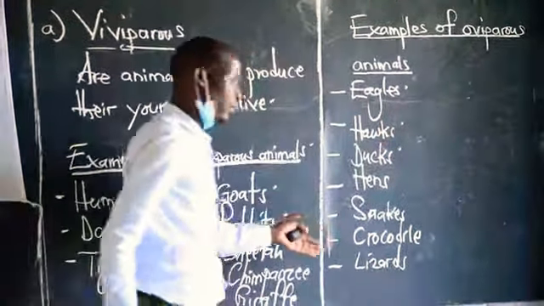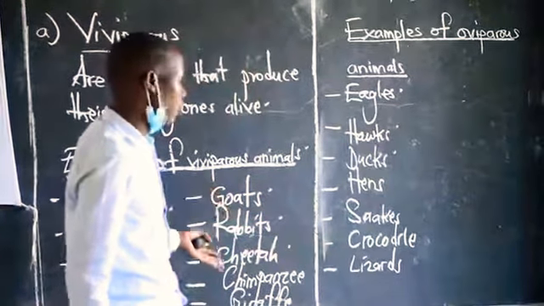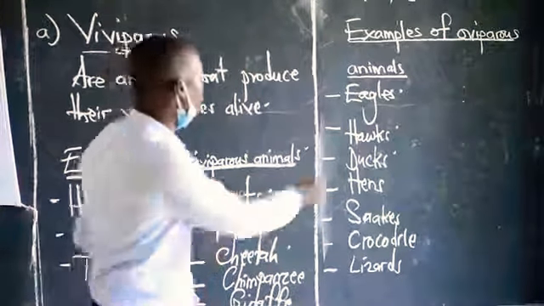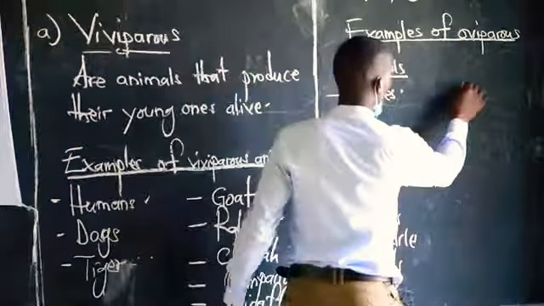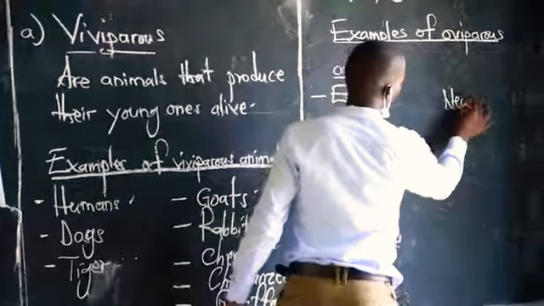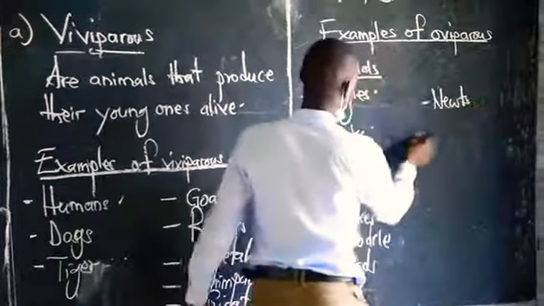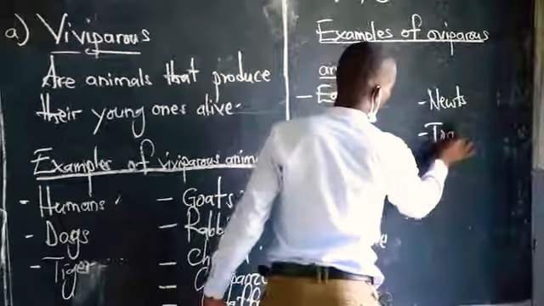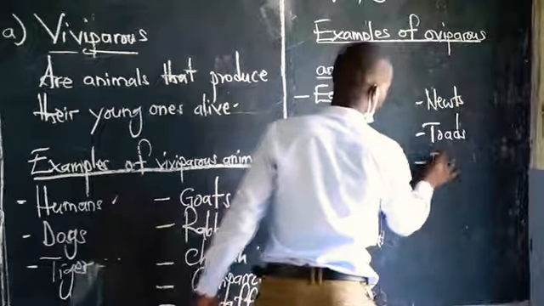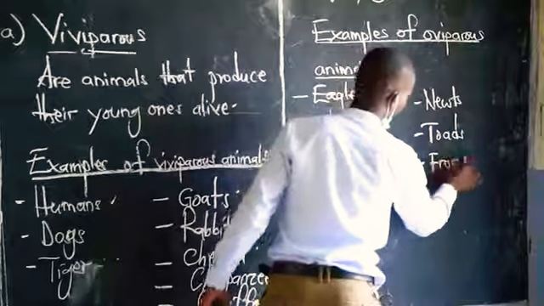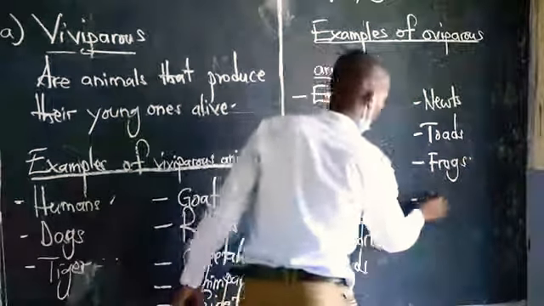All reptiles, classify them simply as oviparous. That's easy for us. Come to amphibians like newts, toads, frogs, and salamanders.